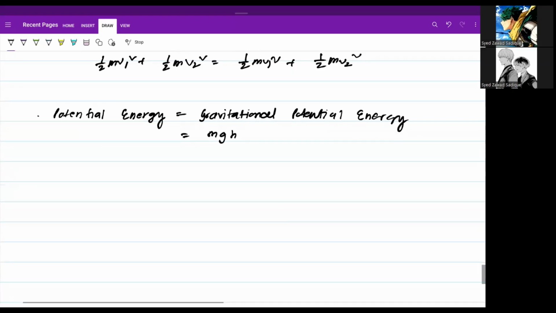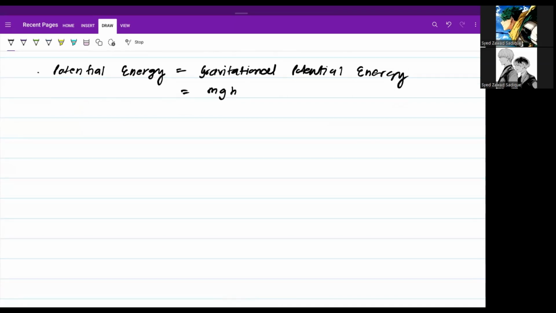Also, since you've learned the conservation of energy, I should also write this: gain in potential energy is equal to loss in kinetic energy, and vice versa.